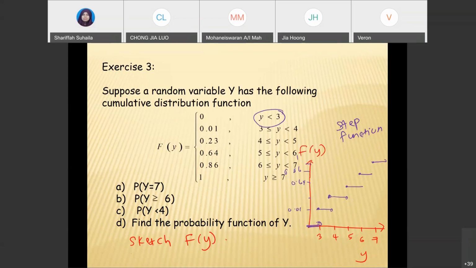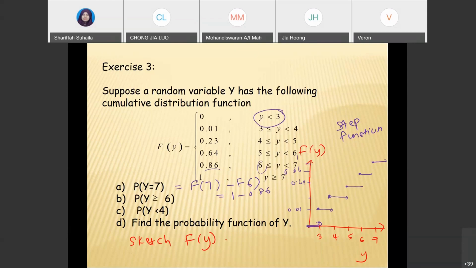So what is the method? You want to find probability y equals 7. That is F7 minus F6, which is 1 minus 0.86, where capital F7 includes 7 and is 1, minus capital F6, which is 0.86. Next, probability y greater than or equal to 6, meaning we want 6 and 7.